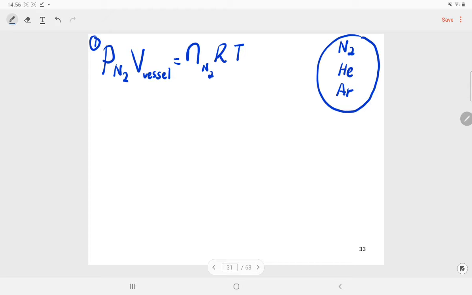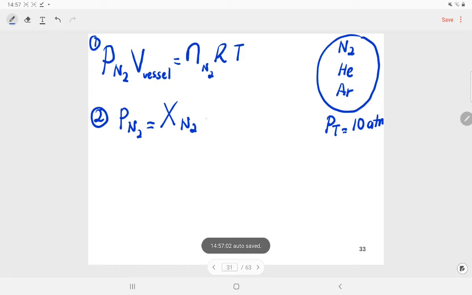Secondly, if the total pressure is given, let's say 10 atm, then I can also calculate the partial pressure of nitrogen by using P nitrogen equals the mole fraction of nitrogen multiplied by the total pressure.